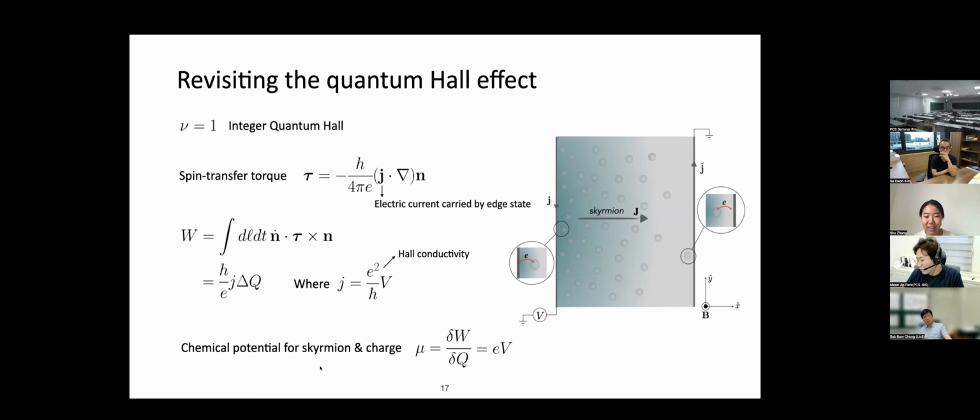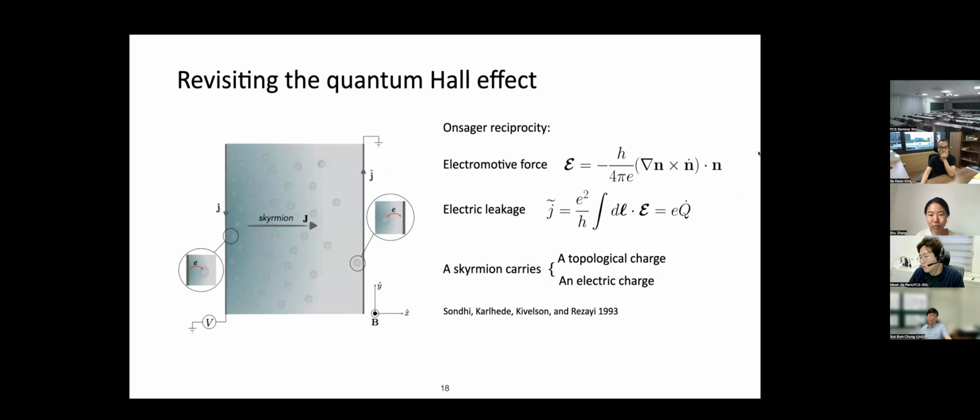And what we find is actually a chemical potential for the charge. So by biasing the edge, we get a chemical potential for skyrmions equal to the electric charge. And this is exactly what we expected, because skyrmions carry charge excitations in this system.